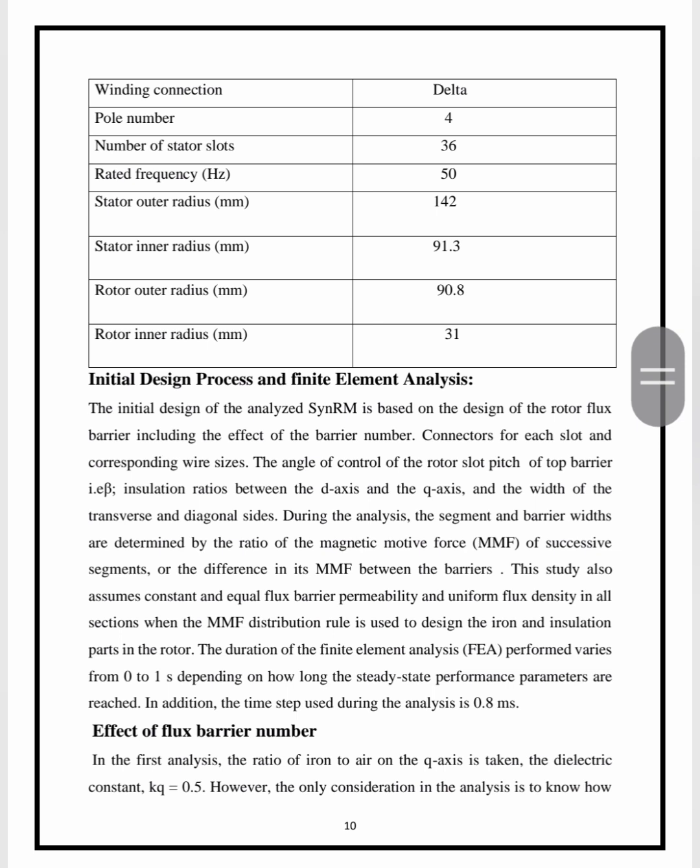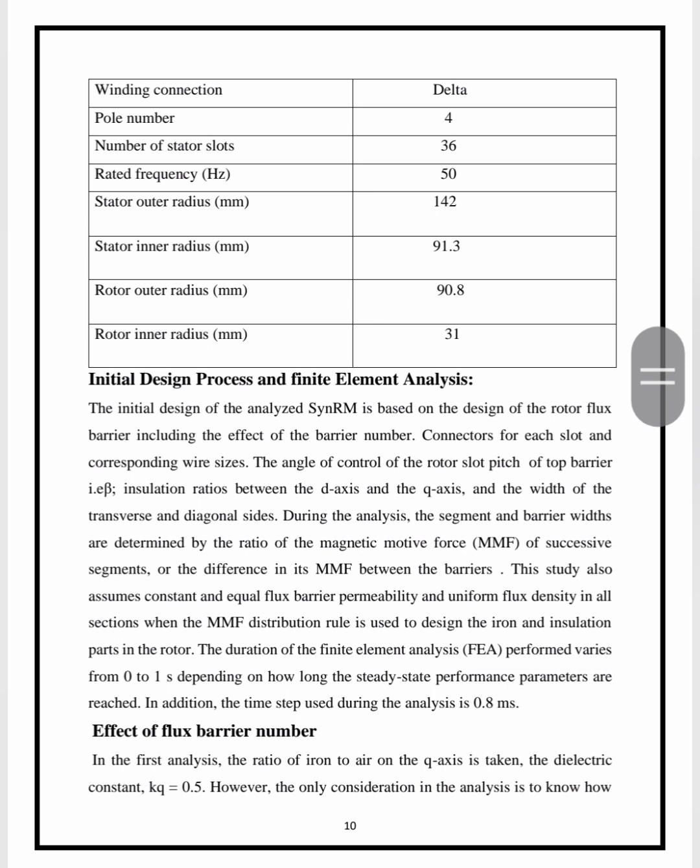As we are studying TLA types in RM, meaning transversely laminated anisotropic RM, we will study the transverse sides of the rotor technology. During the analysis, the segment and the barrier width are determined by the ratio of the magnetomotive forces of the successive segments, or the difference in the magnetomotive forces between these barriers.